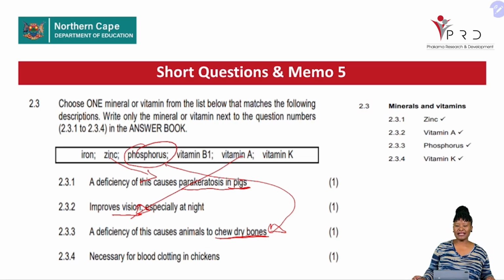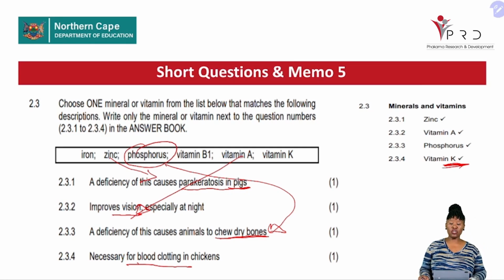Necessary for blood clotting in chickens, then we talk of vitamin K. We know that vitamin K is responsible for blood clotting in chickens, so you must provide vitamin K in order to deal with those clots in animals.